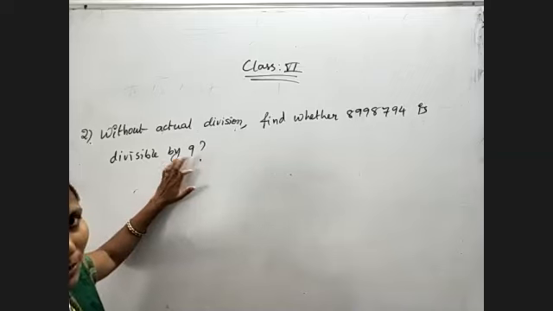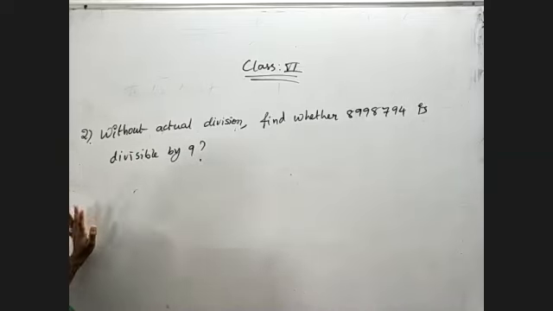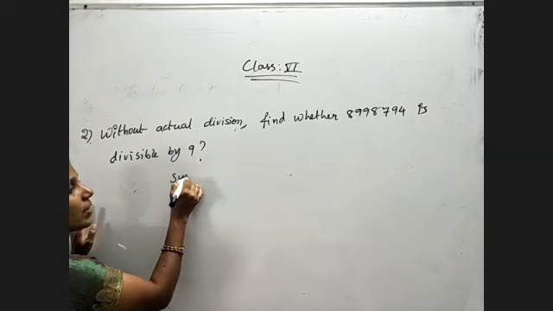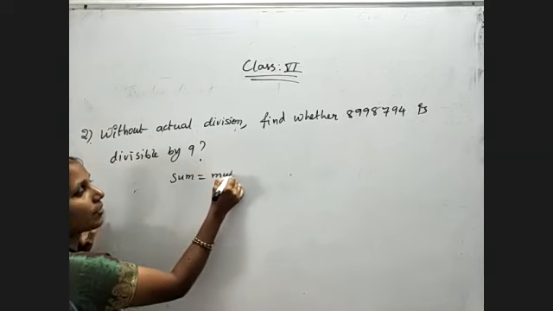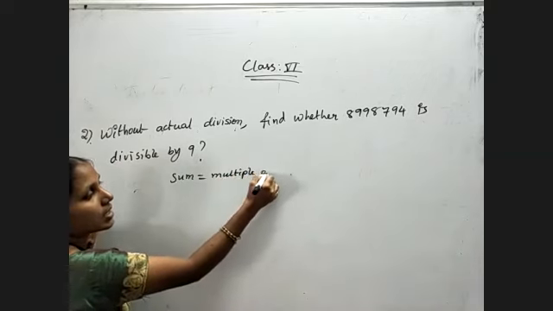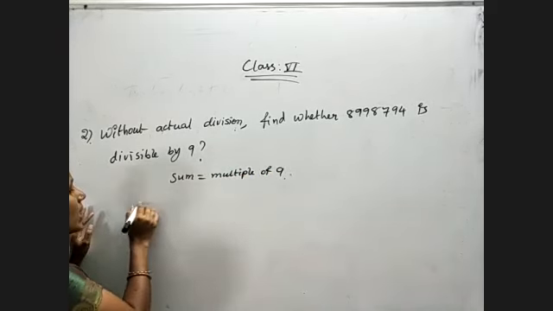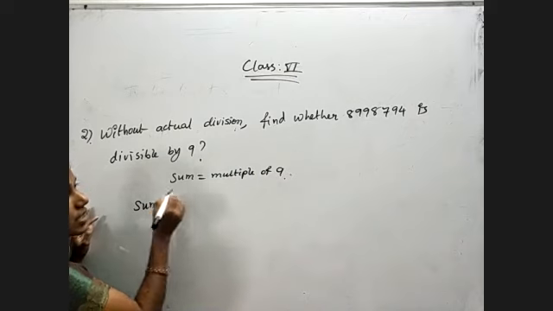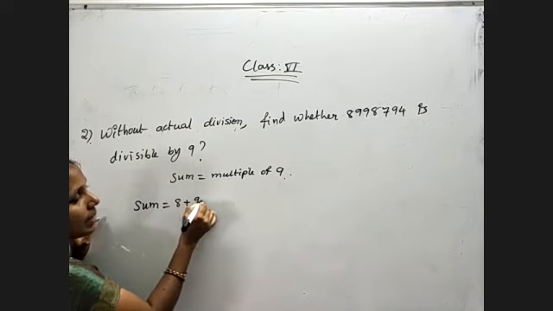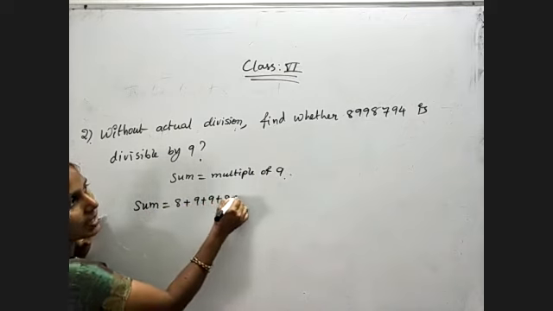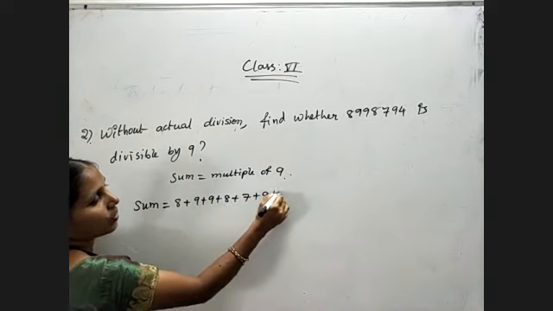So observe the question. What is the divisibility rule of 9? If the sum of the digits is a multiple of 9, then only it is divisible by 9. Otherwise, it is not divisible by 9. So what is the sum of the given digits? 8 plus 9 plus 9 plus 8 plus 7 plus 9 plus 4.